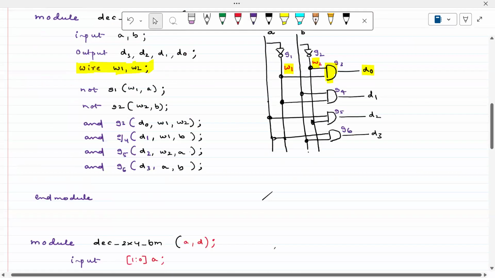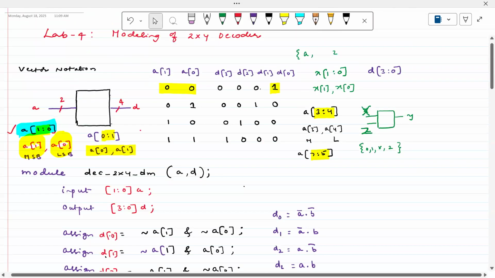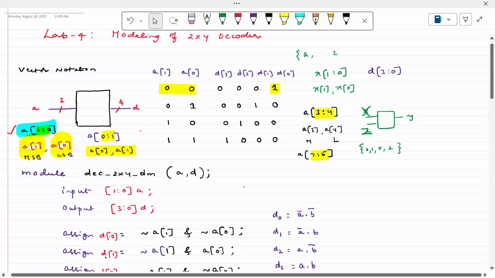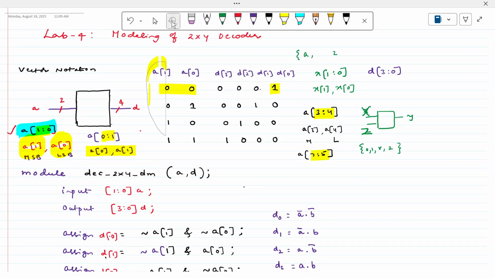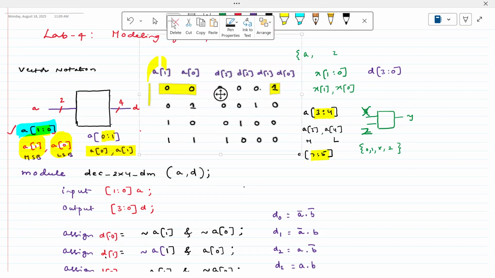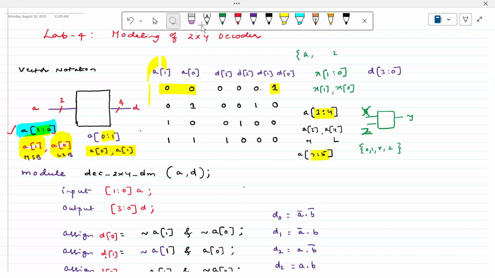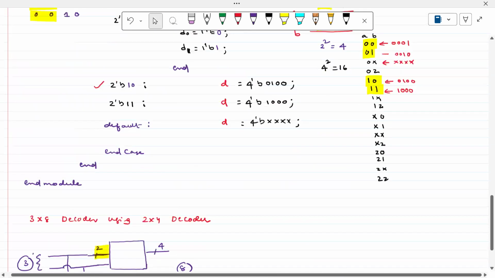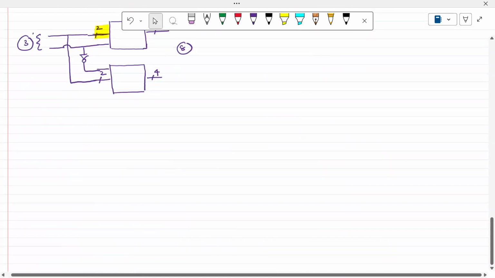For the sake of simplicity, I'm going to consider this truth table. Let me copy it here and modify this particular truth table.